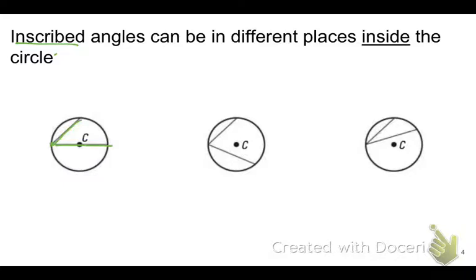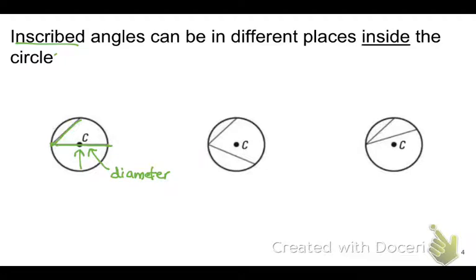In the one on the left, this chord happens to be the diameter. Remember how we talked yesterday about how a diameter is a chord. It's a line inside the circle that ends on the sides of the circle. The diameter happens to run through the center of the circle, and that's what makes it the diameter.